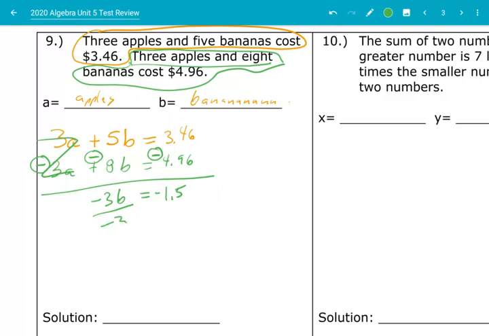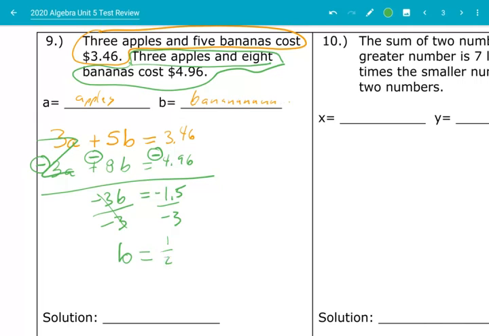So let's divide by 3. B equals, well, 1.5 is 3 halves, so we divide by 3, that leaves 1/2.